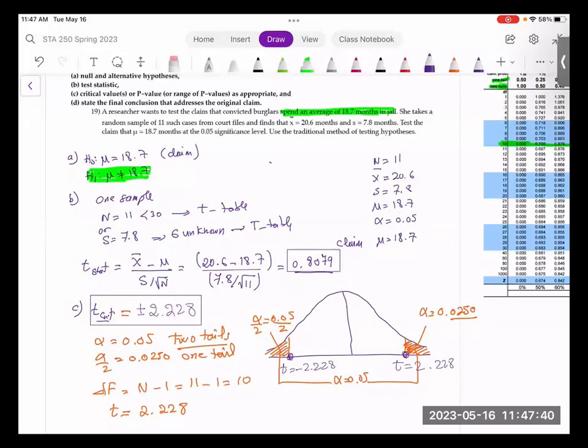Now, I need to graph on the same place the T-stat. The T-stat is 0.8, so you're going to be somewhere here, 0.8079, and obviously it is within. So this is the threshold of the alpha, and this is do not reject, and this is reject from this side, right?